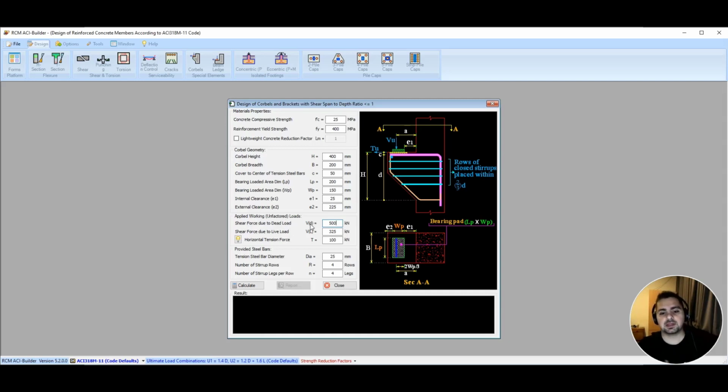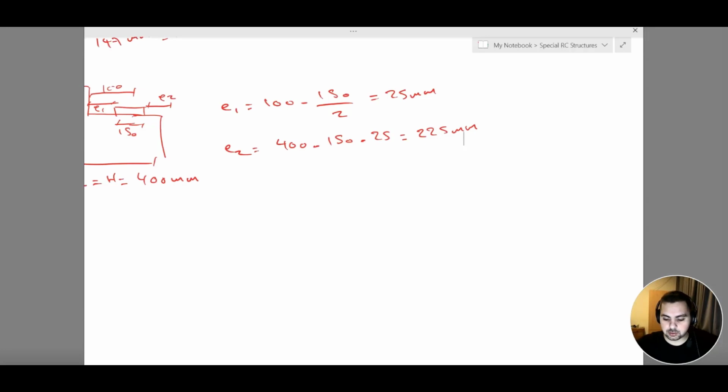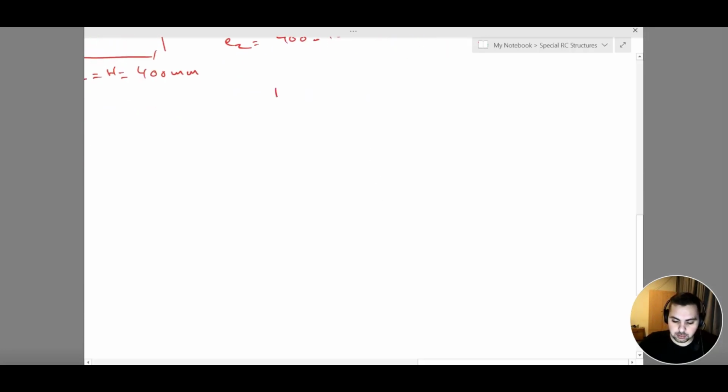Okay. Now we have our shear force due to dead load and due to live load. We said that we do not have our dead load and our live load. So what we can do in order to find them is assume our dead load and find a live load in order to have a VU of 150. So 1.2 VD plus 1.6 VL should be equal to 150.